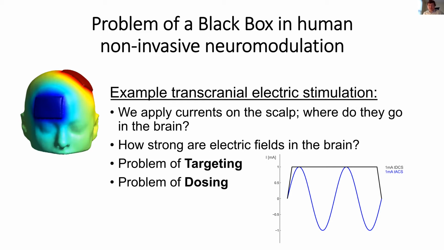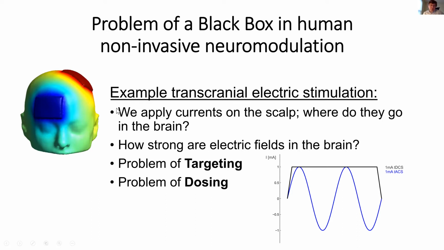There are still certain things you can do to try to measure those currents, and I think we're gonna hear about those in later talks. But for 99% of typical applications, we don't really have access to that.